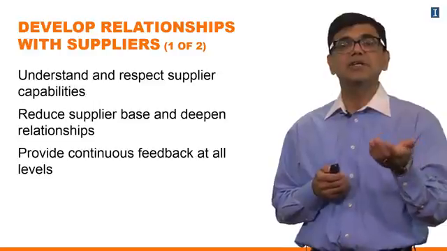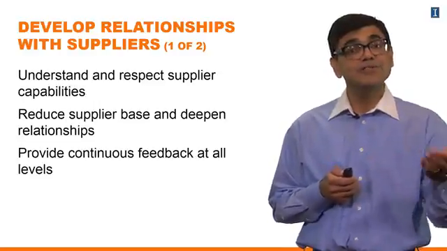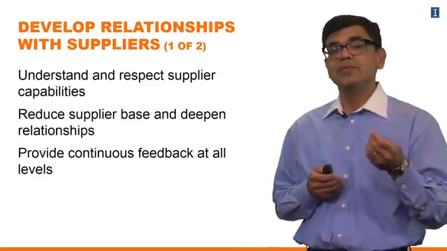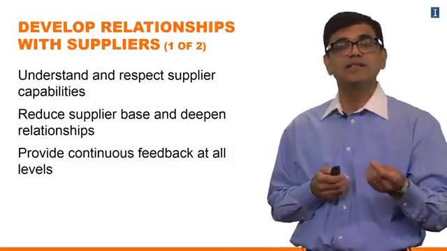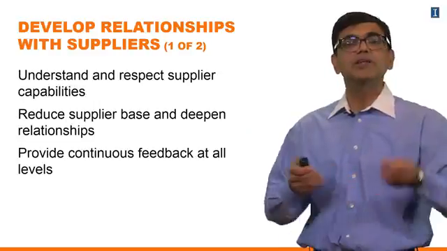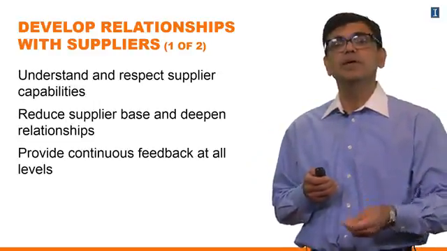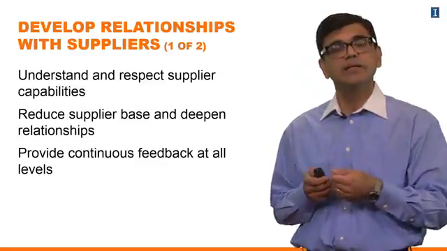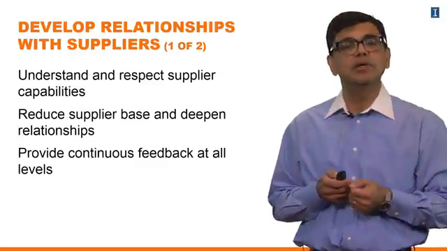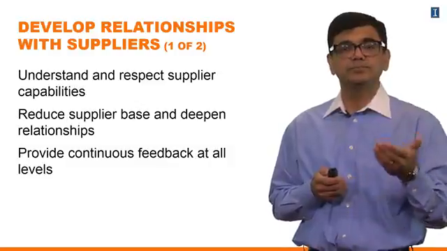So this idea actually goes sort of counter to the idea of risk hedging. You say, I'm going to have fewer suppliers for my core products, and I'm going to work very closely with them. I'm not simply going to have multiple suppliers, because what if one supplier is not able to deliver, I go to the other one. I'm not going to think about it that way. I'm going to think about it more from working with that supplier.